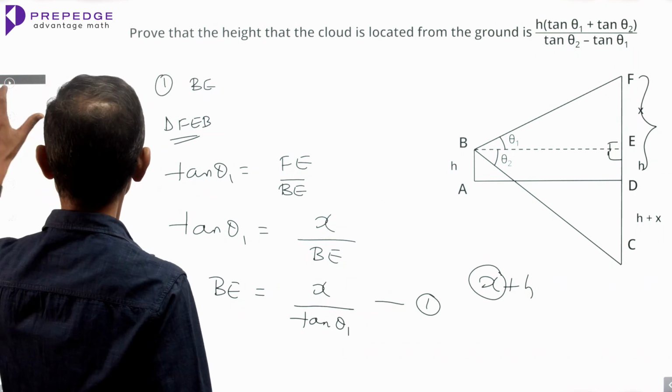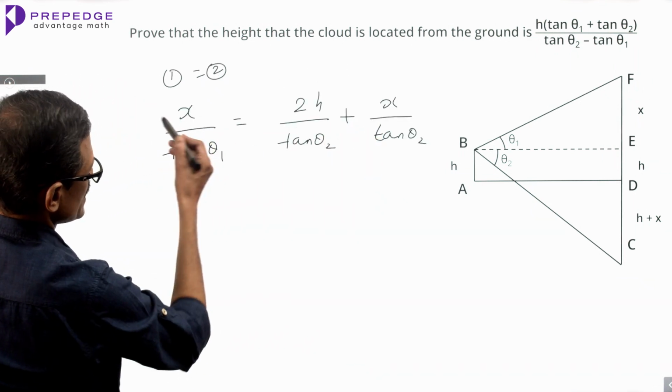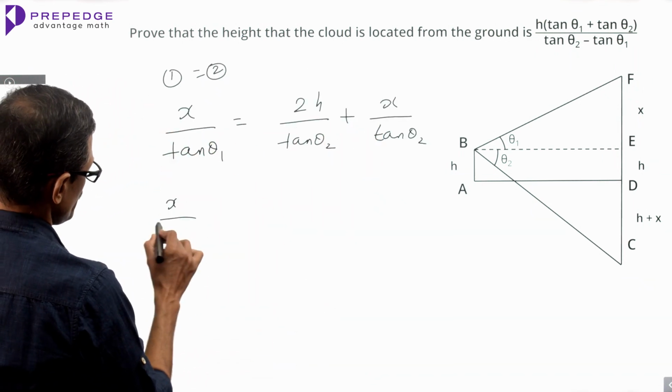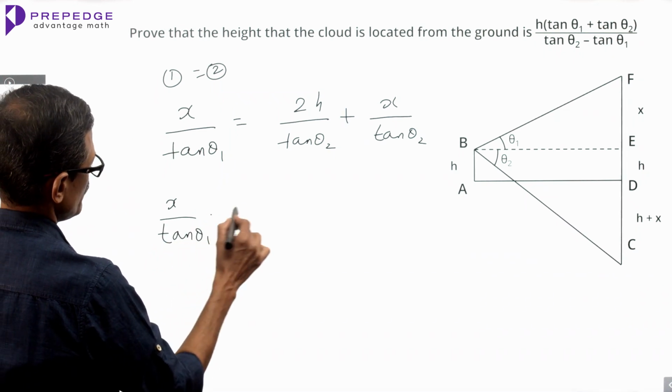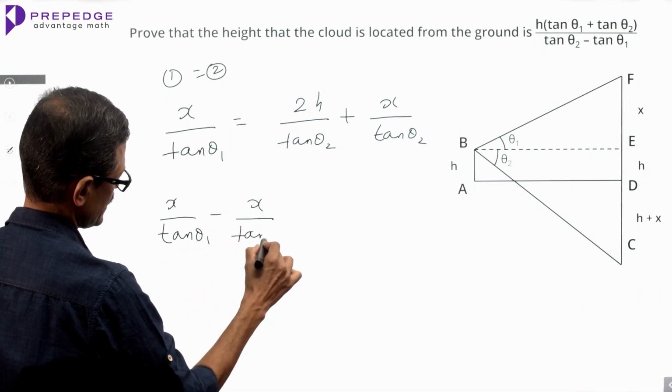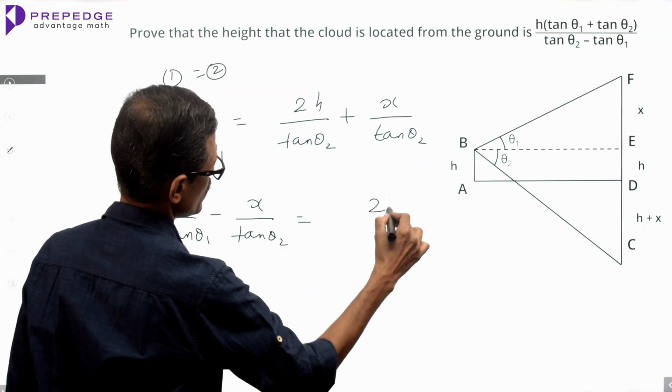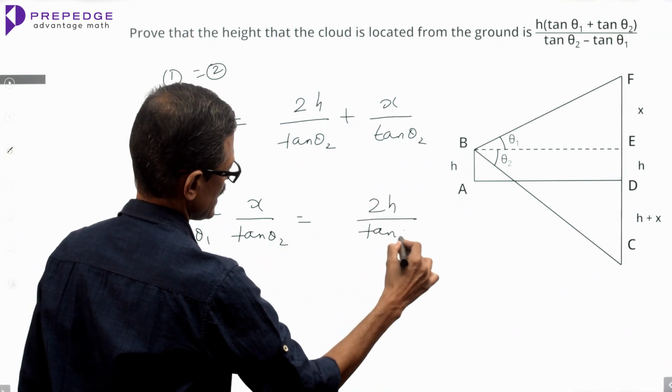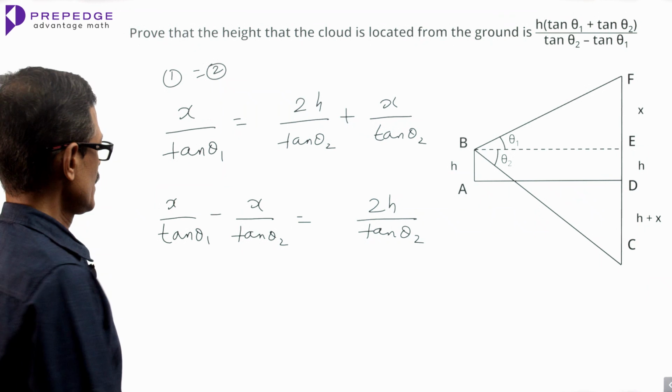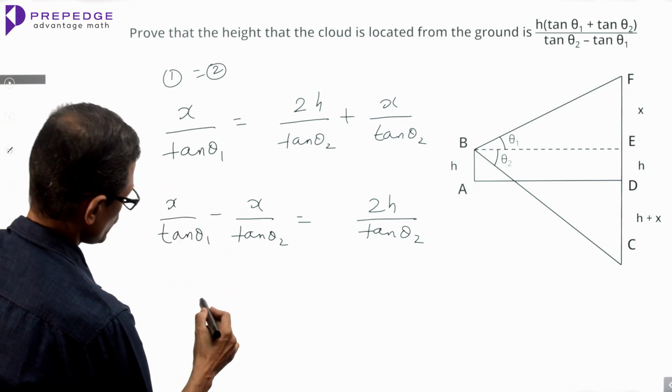We need to find X, that is our primary objective, right? Let's bring all the X terms to one side. So X by tan theta 1 minus X by tan theta 2 is equal to 2H by tan theta 2. Now let's take tan theta 1 tan theta 2 as the common denominator.